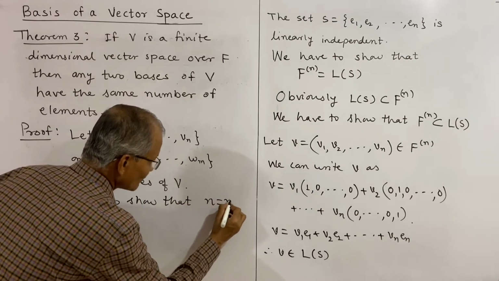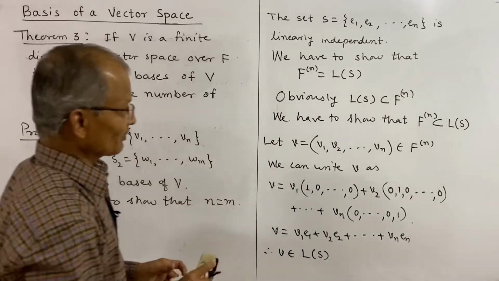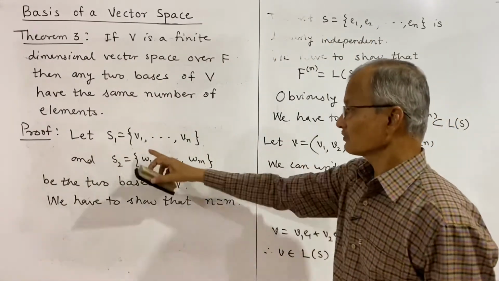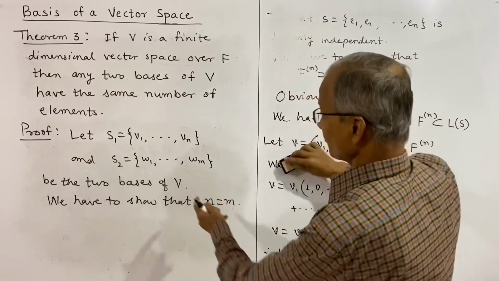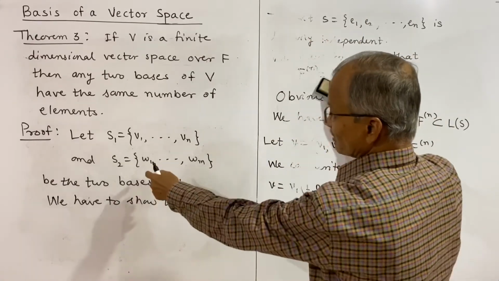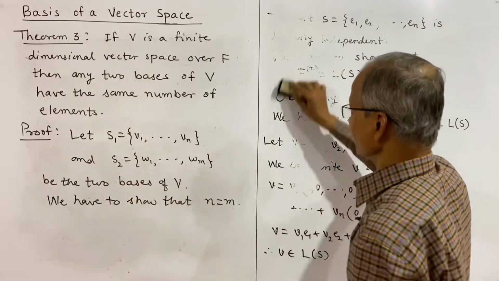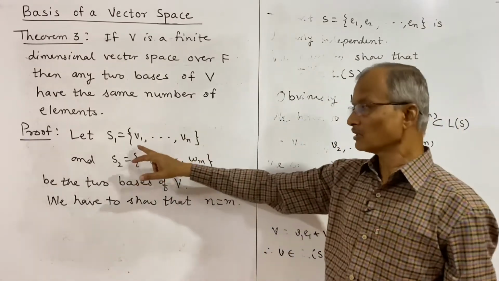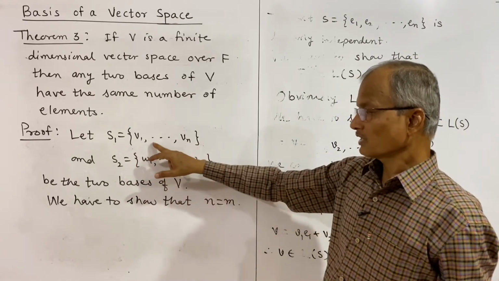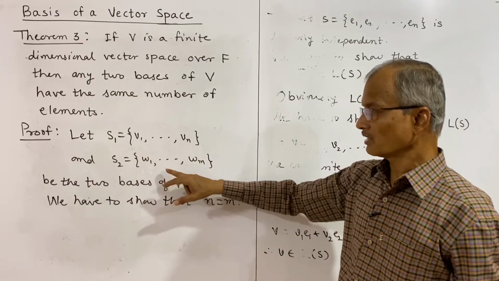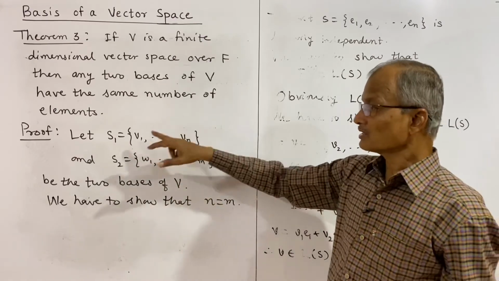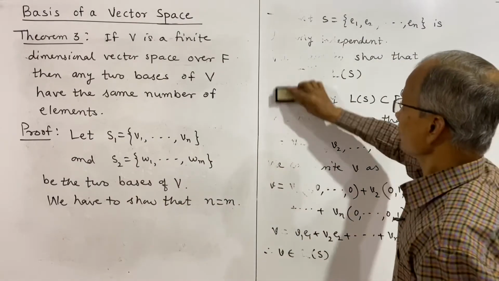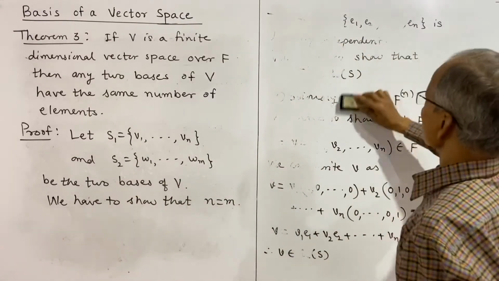Now for that purpose we see S1 is a basis of V, and W1 is an element of V, because S2 is also a basis of V. Both are bases, which by definition means these are linearly independent. S1 is linearly independent, S2 is linearly independent, and V is equal to L of S1, also V is equal to L of S2. Both of them span the vector space V.